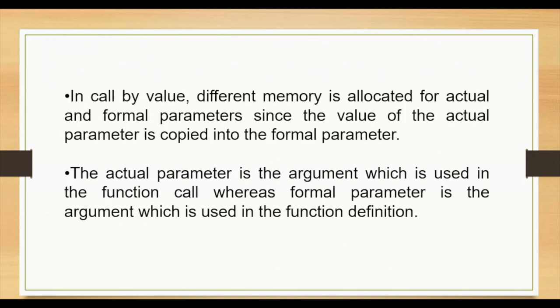The third point is, in call by value, different memory is allocated for actual and formal parameters, since the value of the actual parameter is copied into the formal parameter.